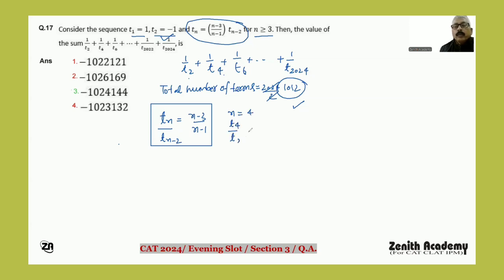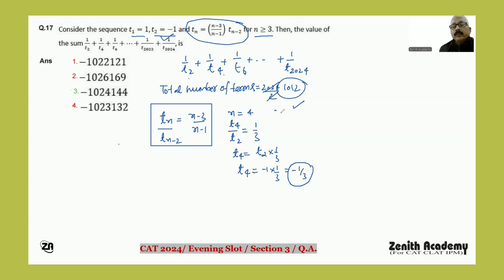T4 upon T2 is 4 minus 3, 1, upon 4 minus 1, 3, means it is 1 upon 3. And T2 is given. So T4 is T2 into 1 by 3, means T4 is minus 1 into 1 by 3. So this is coming minus 1 by 3. 2 was given, 4 is required.